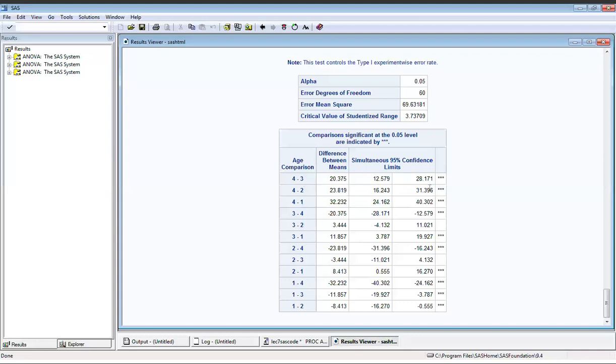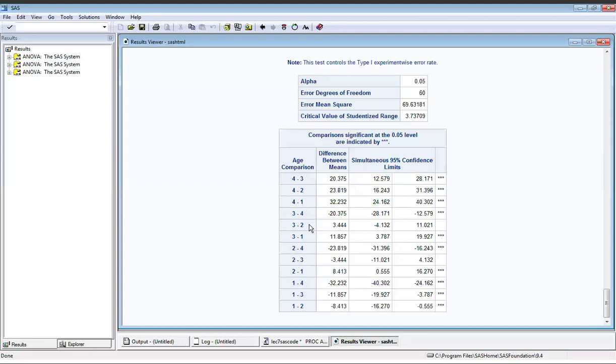All right, and then we see a significant difference in systolic blood pressure between group 3 and 4, and also between group 4 and 2, between group 4 and 1, between group 3 and 1, between group 2 and 1, but not between group 2 and 3.